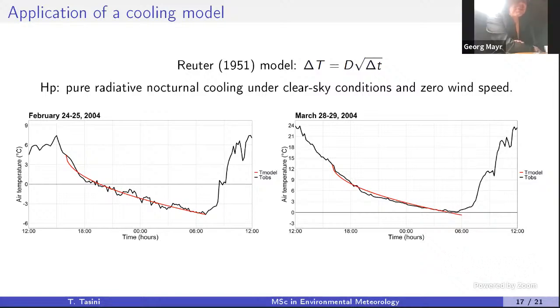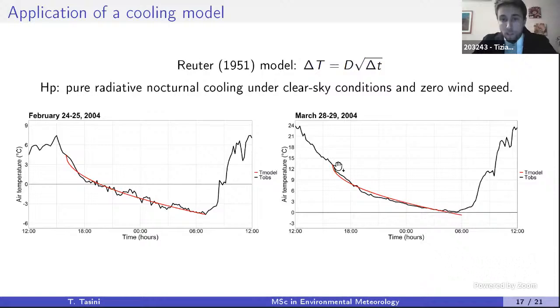Can I just ask in between? Did you get the same D for both cases? No, they are different. Okay. For the February frost event it is minus 2.3, and for March it is larger because the delta temperature is larger.